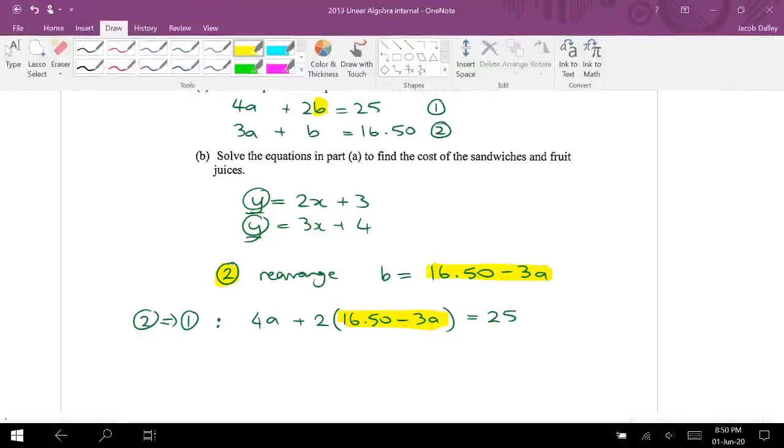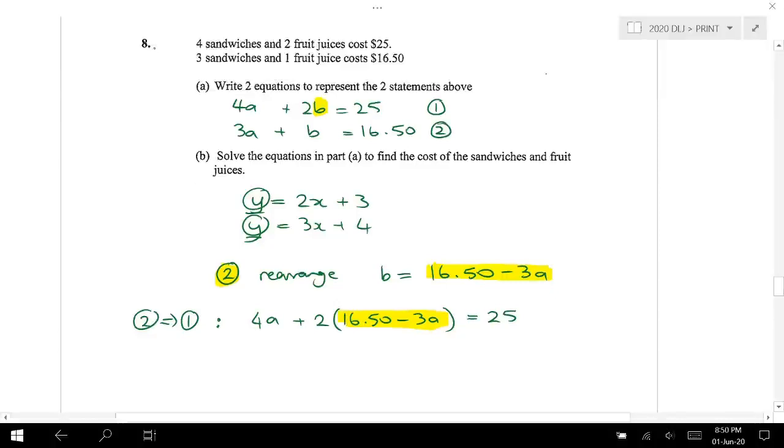Okay, so now we've eliminated our variable b, so we can solve for a by doing our algebra. So first step, we need to expand our bracket. Well, I changed pen color. 1650 times 2 is going to be 33. 2 times negative 3a is 6a, equals 25. So I only expanded the bracket then. 4a minus 6a is negative 2a.